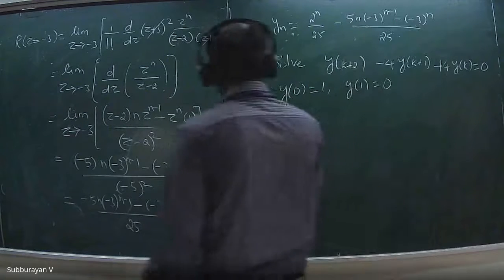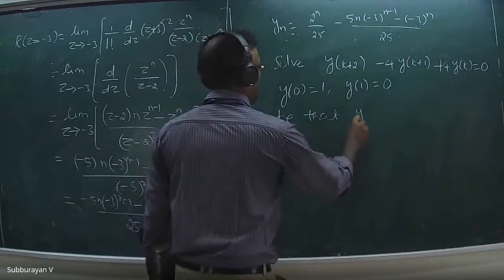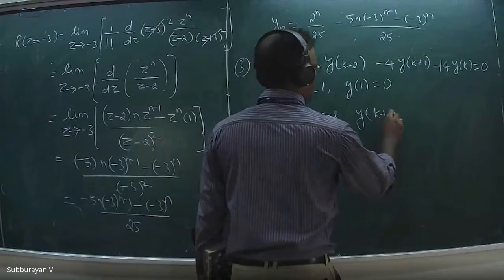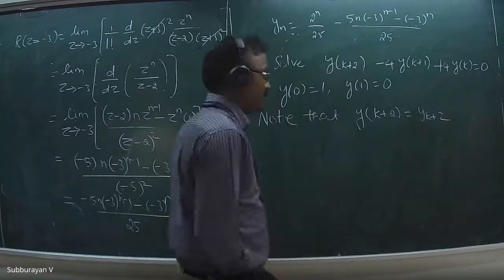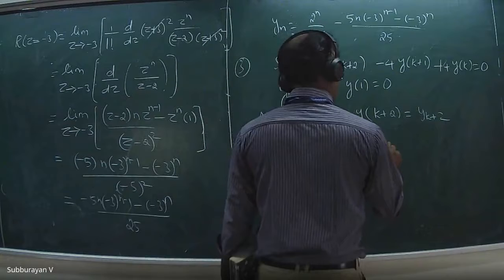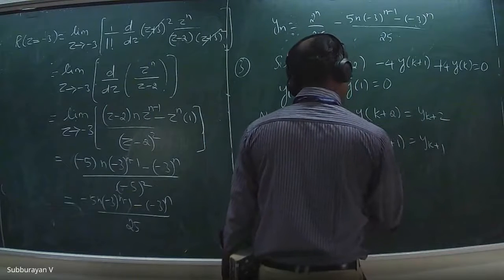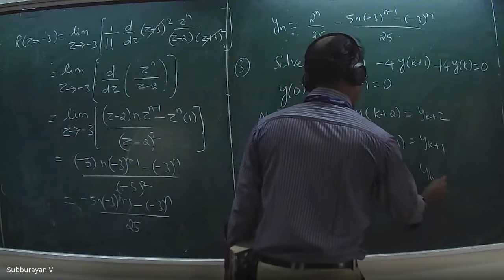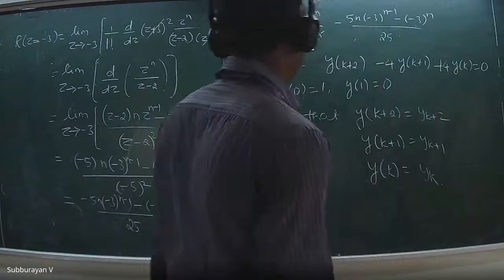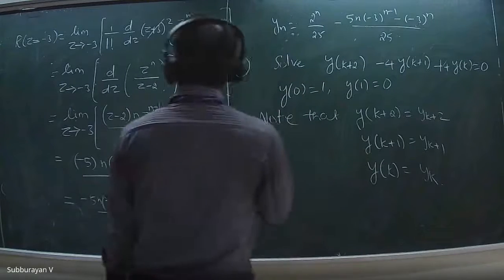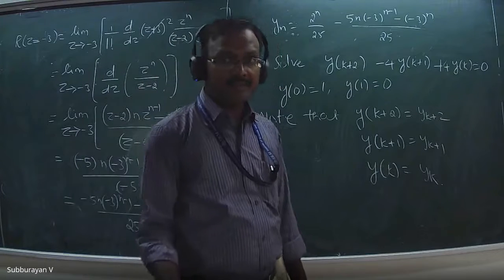Please note that y of k plus 2 equal to y suffix k plus 2, y of k plus 1 equal to y suffix k plus 1, and y of k equal to y suffix k. Or in general, you can write it as, because we are familiar with the notation, y n plus 1, y n plus 2, y n plus 3 like this.